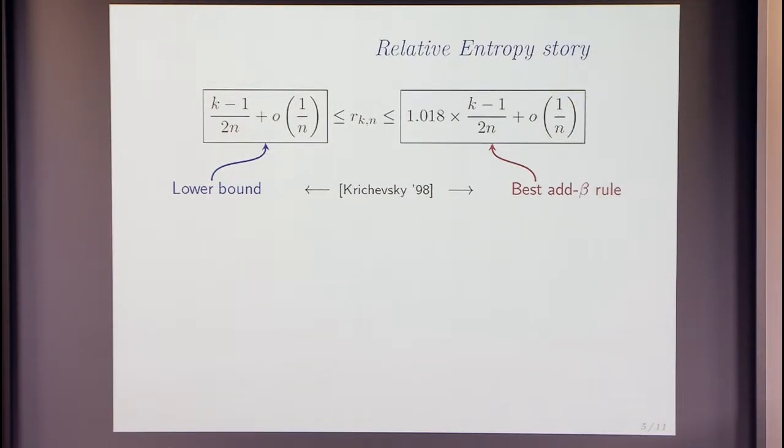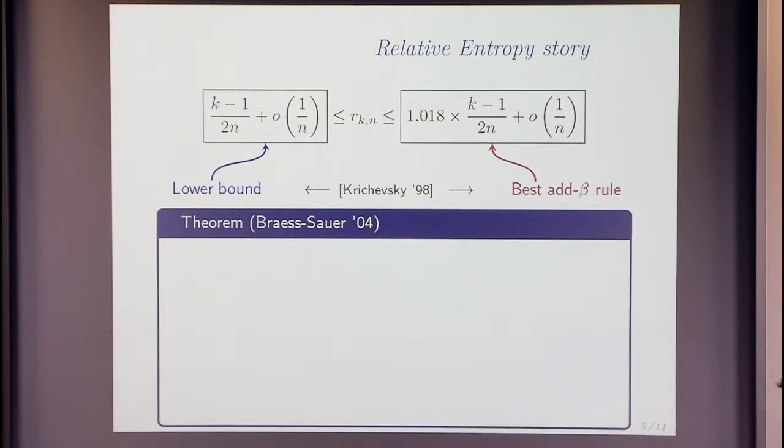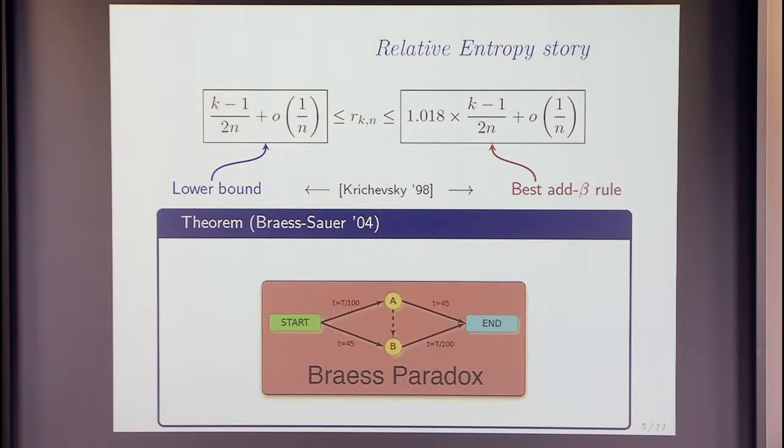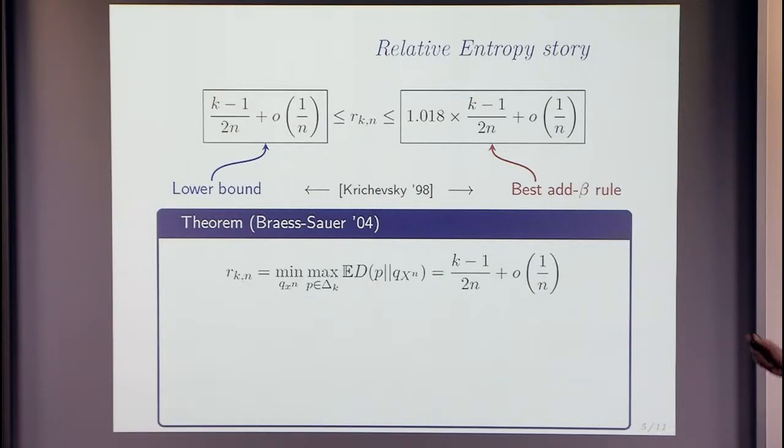Okay. And after a series of papers on this particular problem, this was completely solved by Braess and Sauer, the asymptotic behavior. So which of these bounds is really the correct one was discovered only 10 years ago. Braess and Sauer. If you're wondering, it's indeed the same Braess from Braess's paradox in traffic flow. The answer is the following. Sorry?